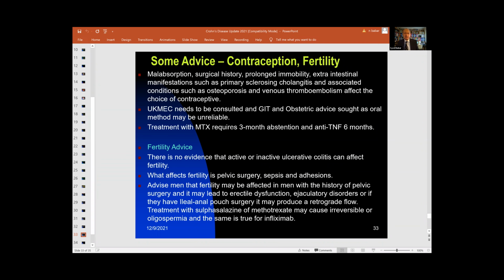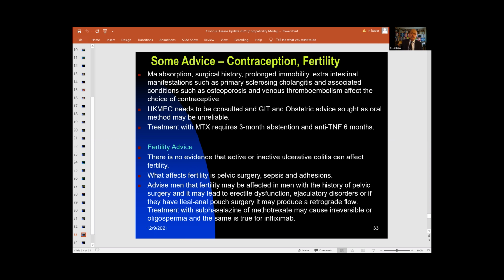There are issues in respect of contraception. And because of the dangers of the treatment producing venous thromboembolism and osteoporosis, it is important to apply the UK medical eligibility criteria to consider which oral contraceptive or other forms of contraception should be advised.